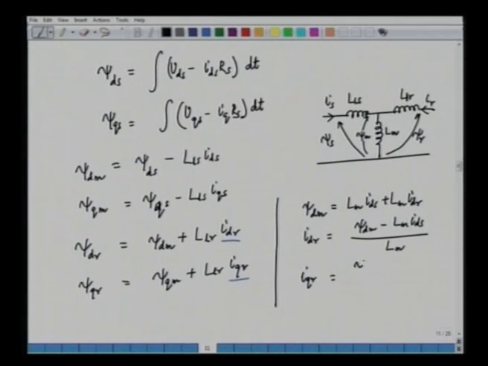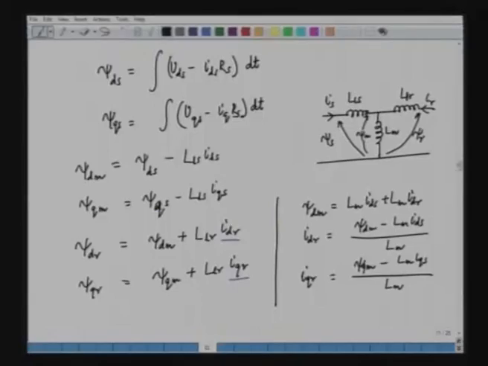IQR is equal to psi qm minus Lm IQS, divided by Lm. So, we can find IDR and IQR in terms of IDS and IQS, which are measurable, and then we can substitute this back to find the stator fluxes and rotor fluxes. This is the way in which we can evaluate the rotor fluxes from the terminal variables.